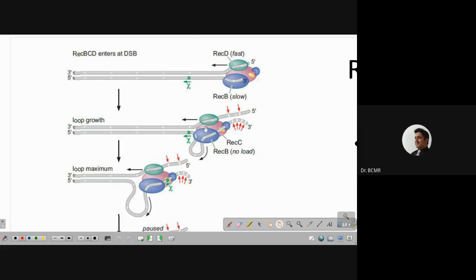You also have to understand that RecD is a fast exonuclease, it moves faster on the DNA, whereas RecB is a little bit slower. When RecC encounters the chi site, the enzyme loses its exonuclease activity.